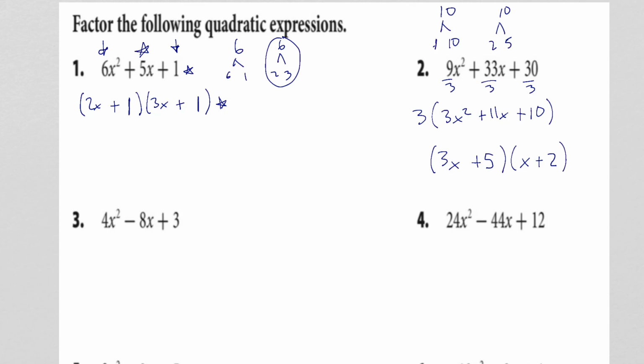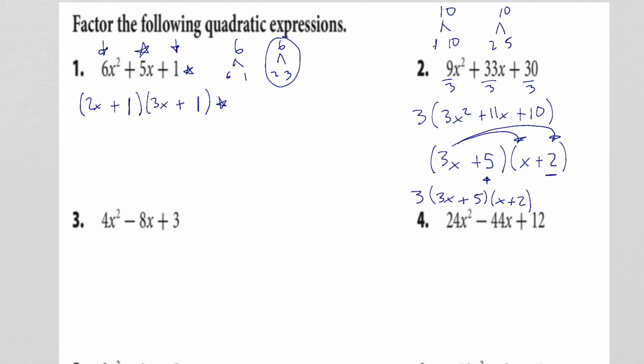Well, in the FOIL process, eventually I need to figure out, what's going to make 3 times 2? What's going to make that situation occur? And it will only occur if I put the 2 right here. It will not occur if I put the 2 there. So this is the answer: the factor of this, 3x plus 5 times x plus 2, all multiplied by 3.